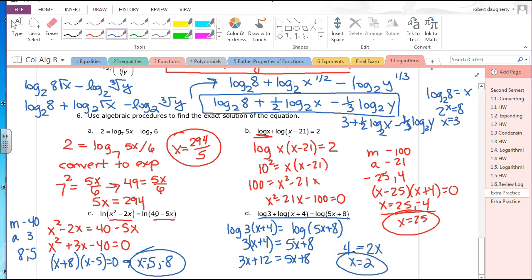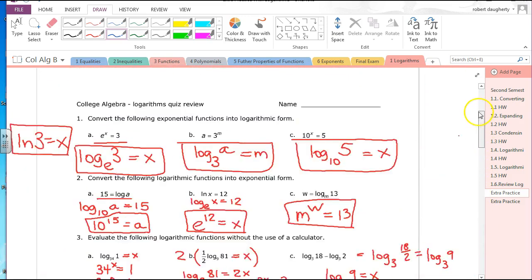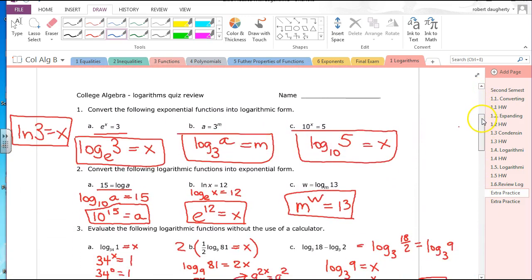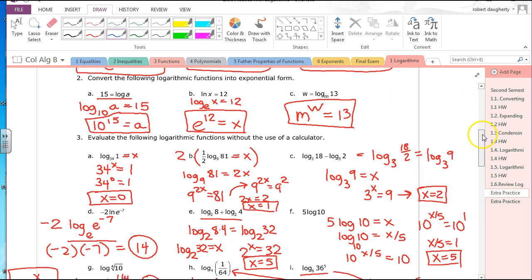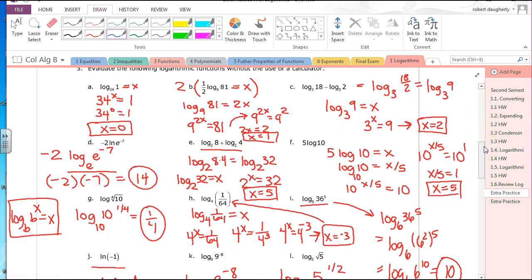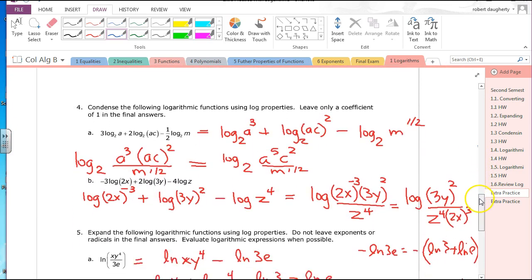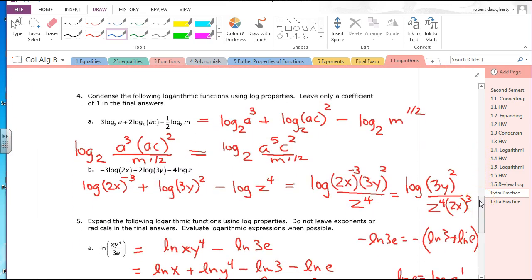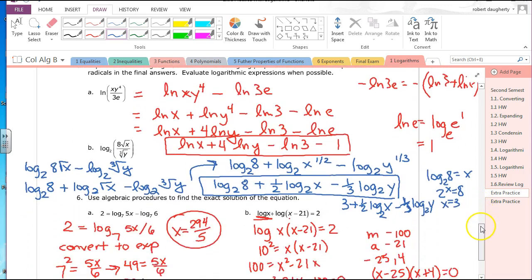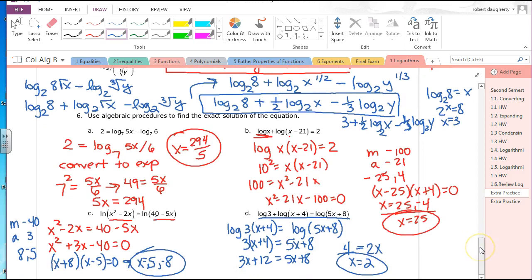Okay. These problems were a little bit more involved than some you've seen in the homework. But they test the concepts of logarithms to make sure that you've got it and you can understand it. The things we did here, everything we did in class: converting from exponential to log, converting from log to exponential, evaluating a logarithm expression by converting to exponential, condensing log expressions, expanding log expressions, and then finally solving log equations.